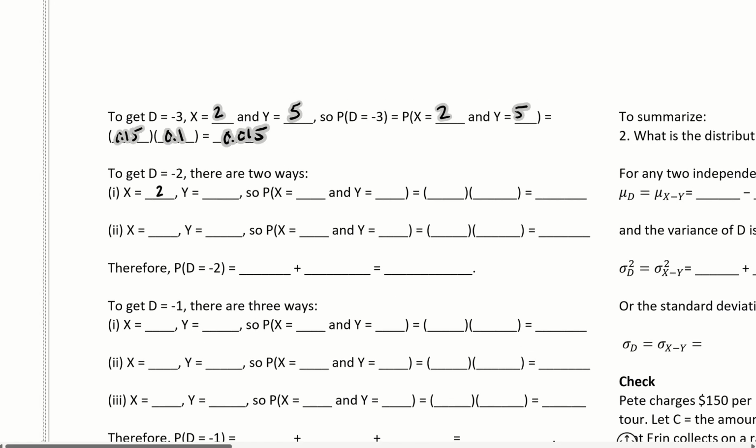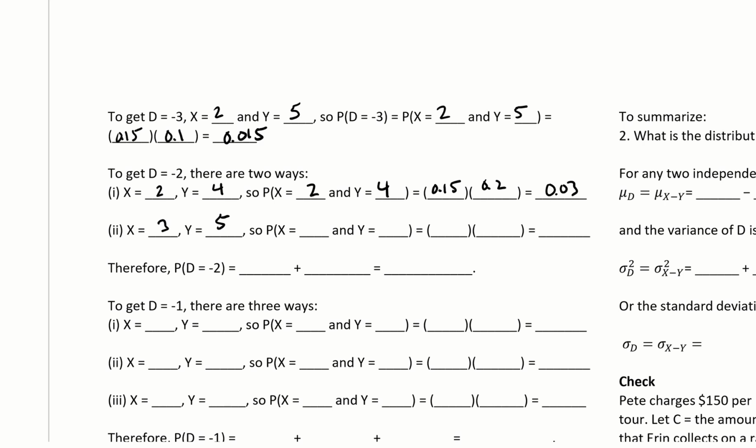So d equals -2 is 2 and 4, or 3 and 5. Pete's x equals 2 is 0.15, and Aaron's y equals 4 is 0.2 from her table. You get 0.03. For 3 and 5, Pete's x equals 3 was 0.25, and for Aaron it was 0.1 for 5. You get 0.025.